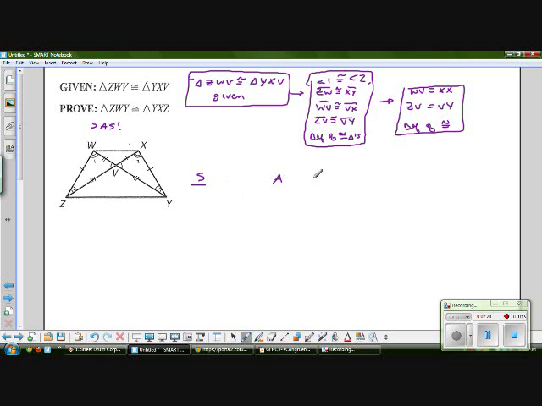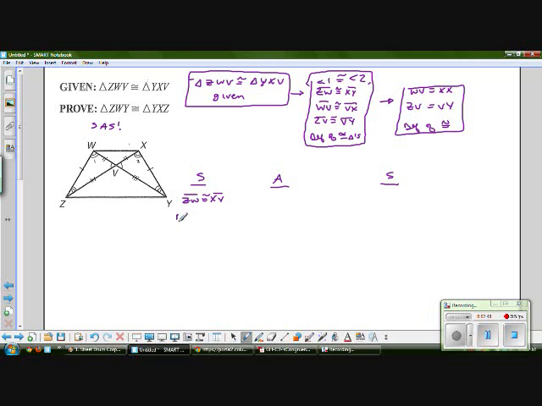We have ZW congruent to XY, which will be our end pieces. Now the justification here is not given because we are not told that. We're told triangles are congruent and we generated from that. So our justification would actually be definition of congruent triangles.